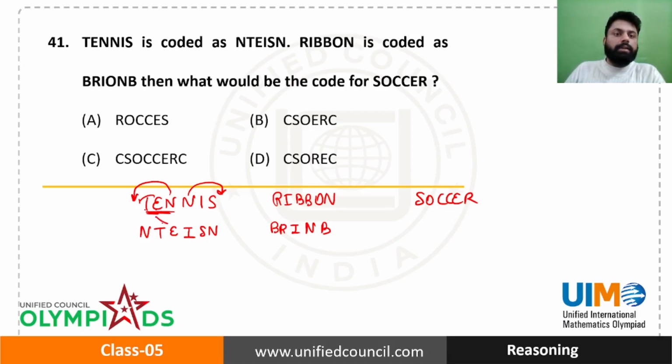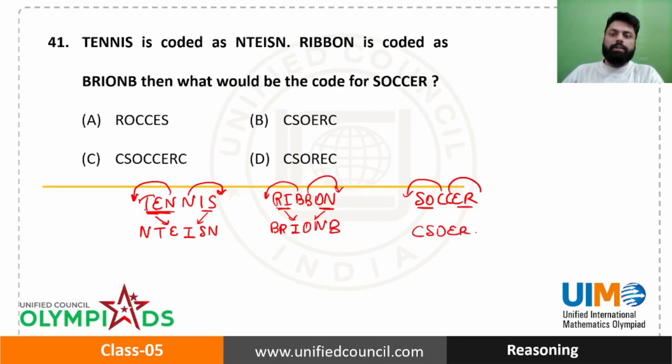TE is coming like this, IS is coming like this. RI is coming like this, B is coming at front, and then this is ONB. ON is coming like here, and then B. So C will come at first, then SO, and then ER will come, and then this C will go at the last. CSOERC. B option is the correct answer.